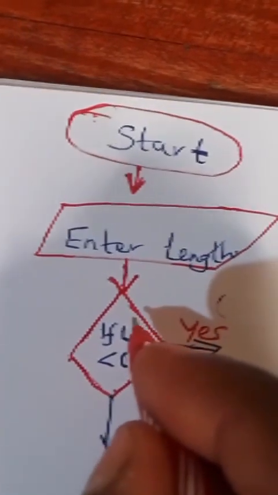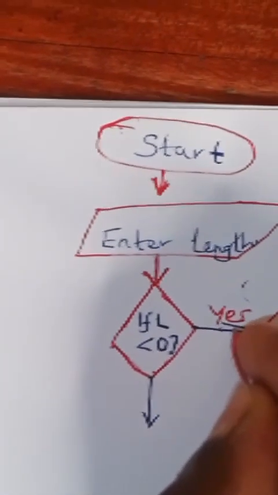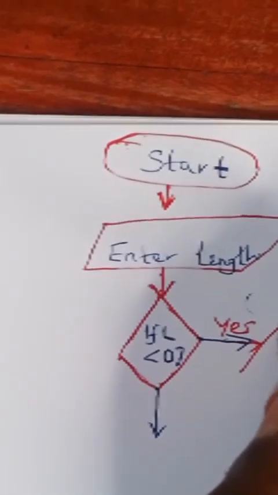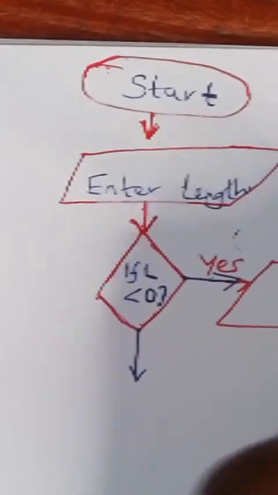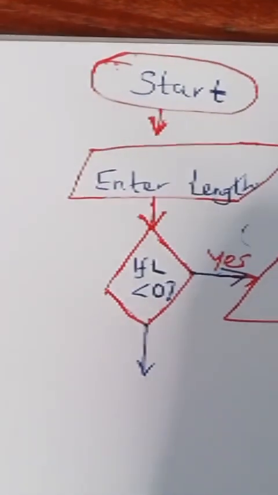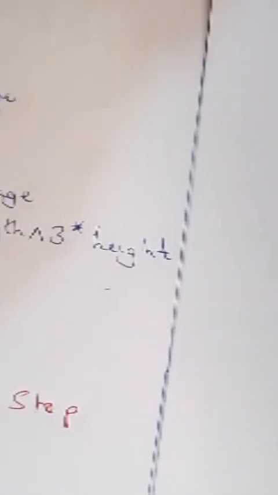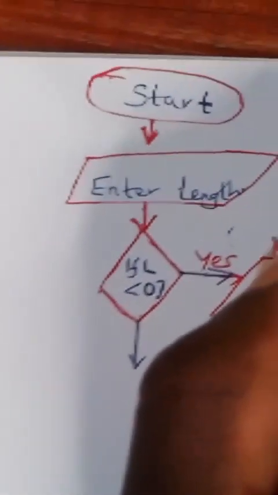you are displaying a message. And remember, when you display, we said we use a parallelogram shape. So you draw your parallelogram shape here, and then you write what is in the question.